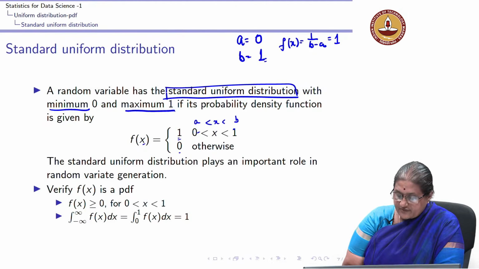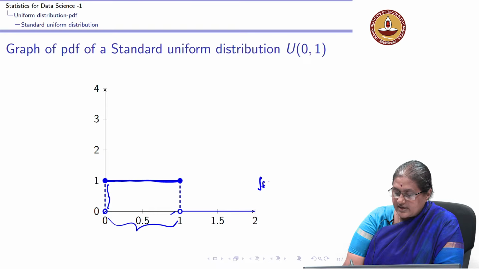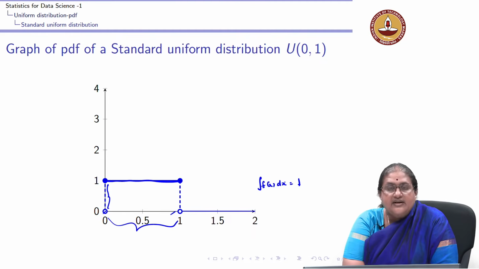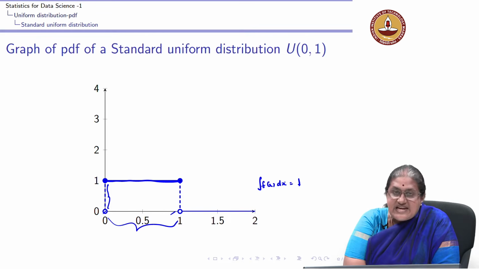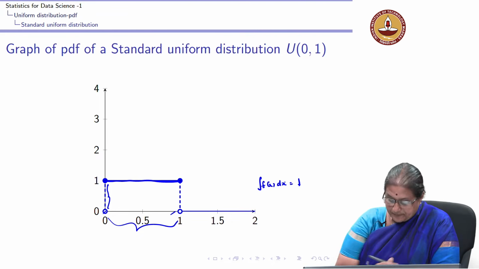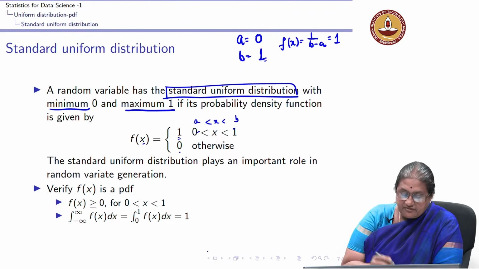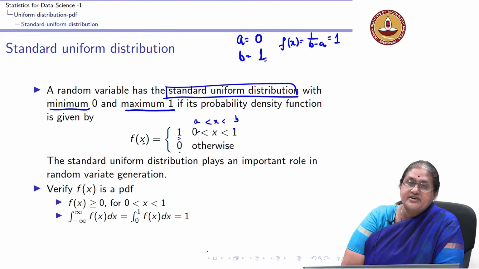And in the case of the standard uniform, this is 1 and this is 1. So, the integral of f of x dx is equal to 1, hence verifying that this f of x, or the PDF, is indeed a probability density function.